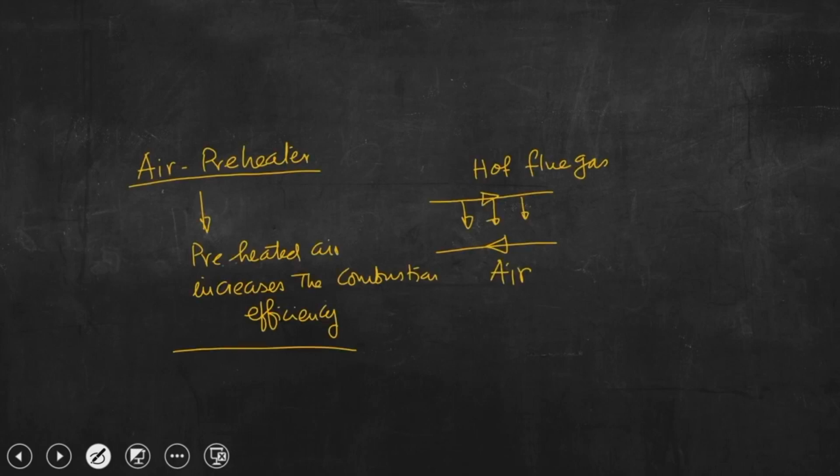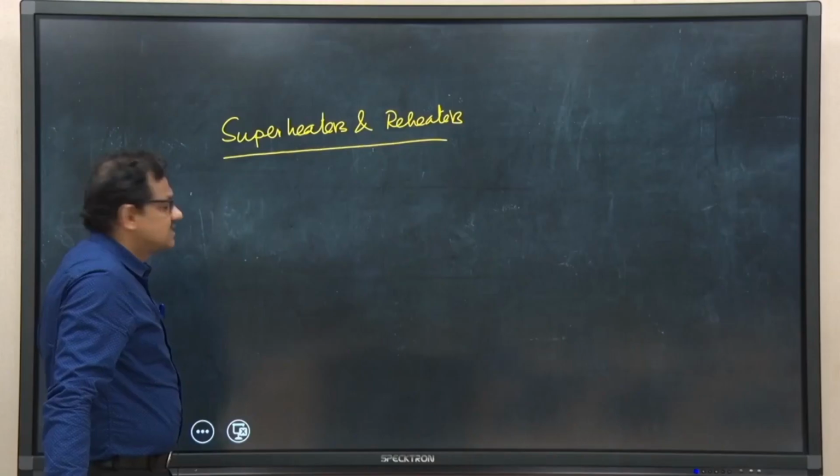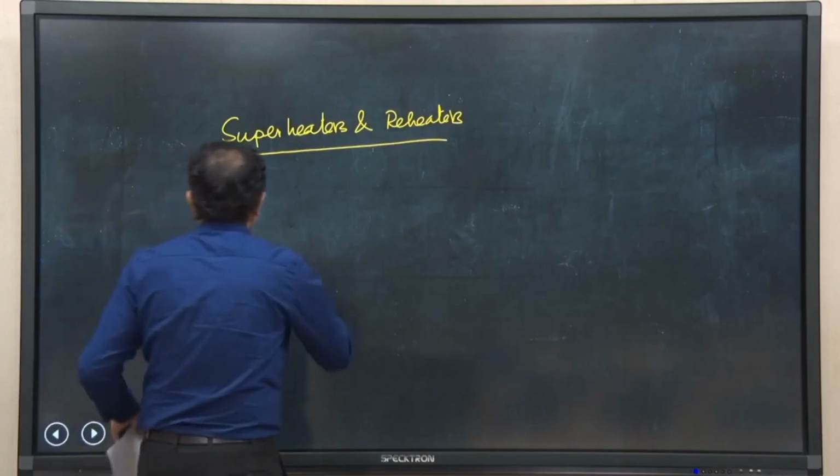So, coming to the superheaters and reheaters. See, superheaters and reheaters, basically again these are high temperature and low temperature heat transfer surfaces in the boiler.